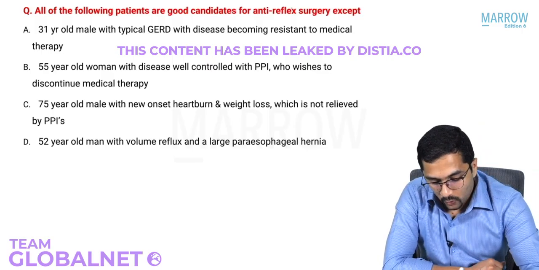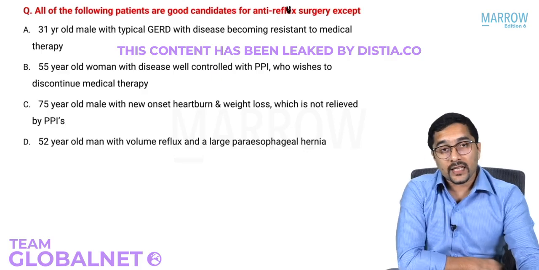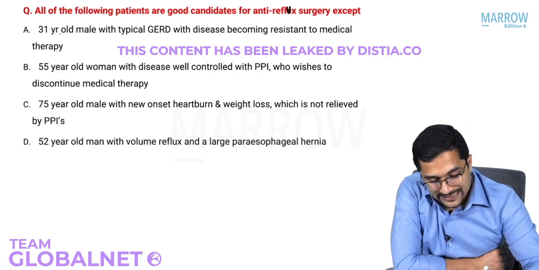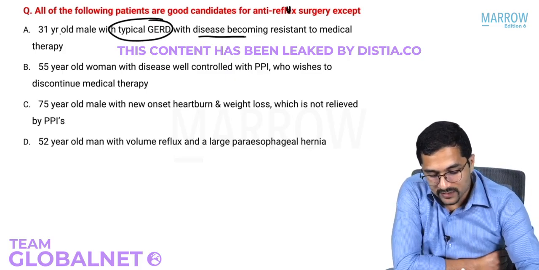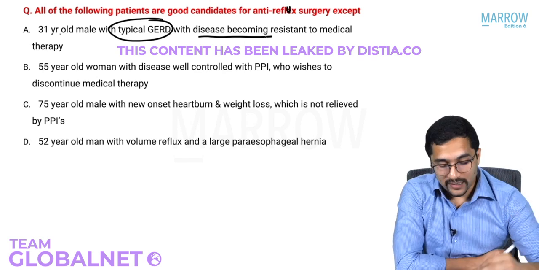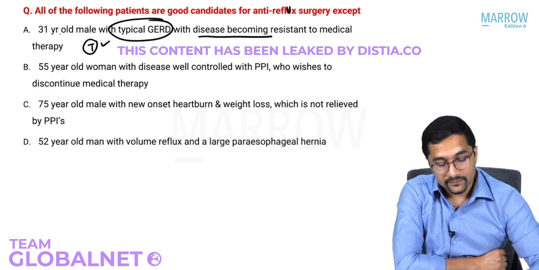Here you have to tell me all of these patients are good candidates for anti-reflux surgery except. So you have a 31-year-old male who has typical GERD with disease becoming resistant to medical therapy. If the disease is resistant to medical therapy, of course, this patient is a good candidate for surgery.